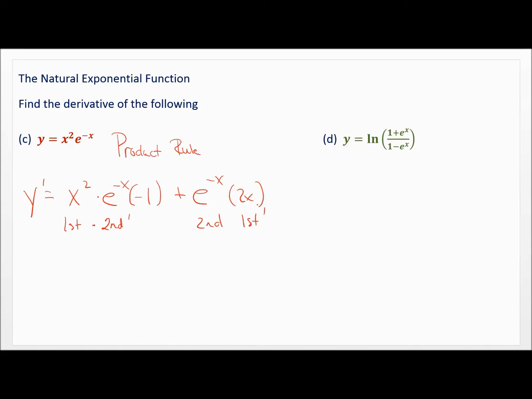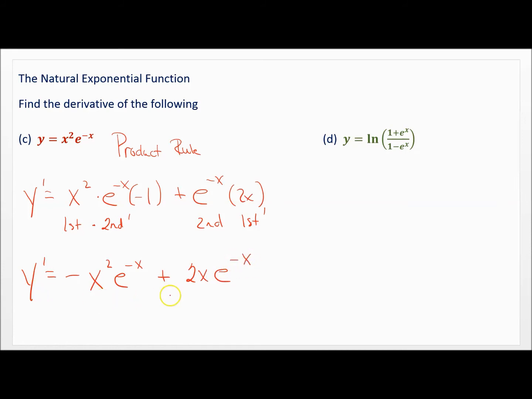So folks, that's our derivative, but we need to write it simplified. So y primed equals, now this negative 1 being multiplied at the end of that first term, I'm going to put it in front. So negative x squared e to the negative x, and then plus, I think it looks better with your e's in the back, so I'm going to put 2x in front, e to the negative x.